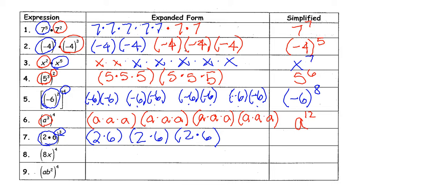So we have 2 different bases here. We have 2's, and there are 3 of them. And we have 6's, and there are 3 of them as well. So we have 2 to the 3rd power, 6 to the 3rd power.